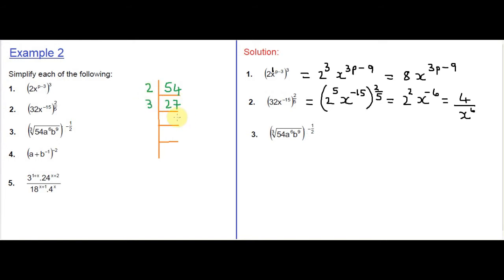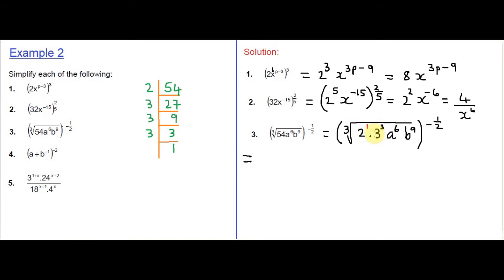Then 3 goes into 27 9 times, 3 into 9 thrice, and 3 into 3 once. So 54 can be written as 2 times 3 cubed. And then we still have a to the 6, b to the 9. Now, there's a 1 here that we don't write.